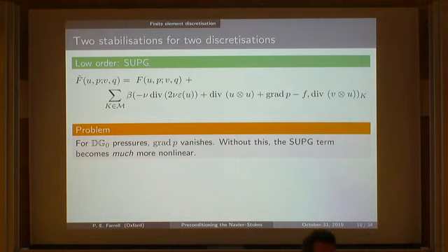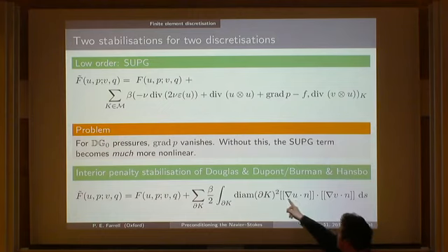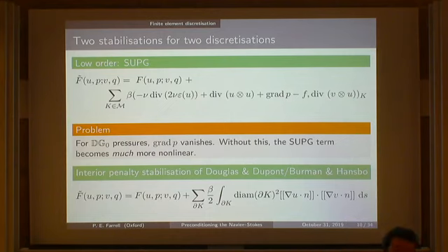So if you want to stabilize the higher order scheme, you can argue about whether you need to or not, but if you want to, a much better choice is the stabilization first studied by Douglas and Dupont in the 70s and then later on picked up by Burman and Hansbo, which is something of the flavor of an interior penalty stabilization, like a DG scheme, where we penalize jumps in the normal component of the gradient of the solution.